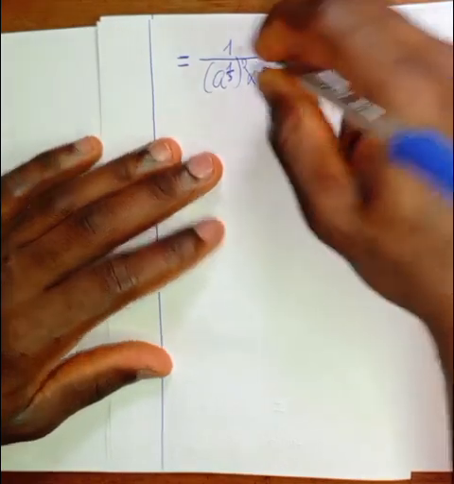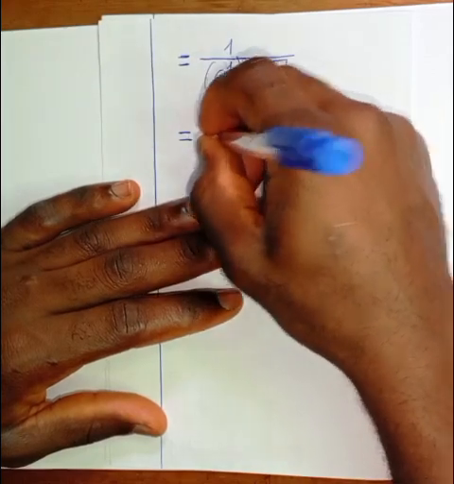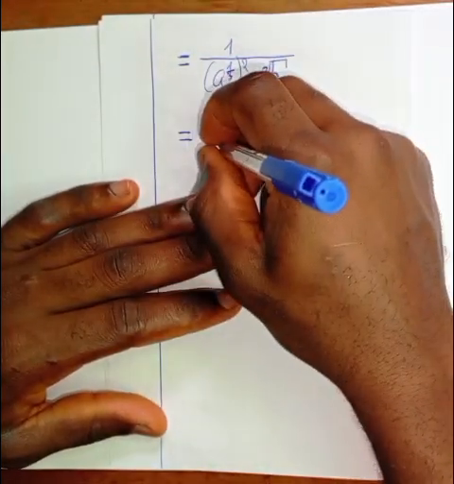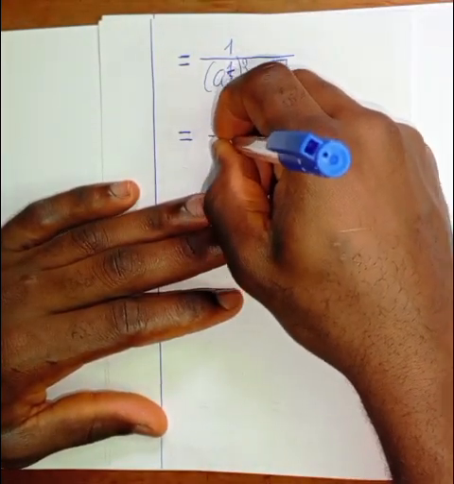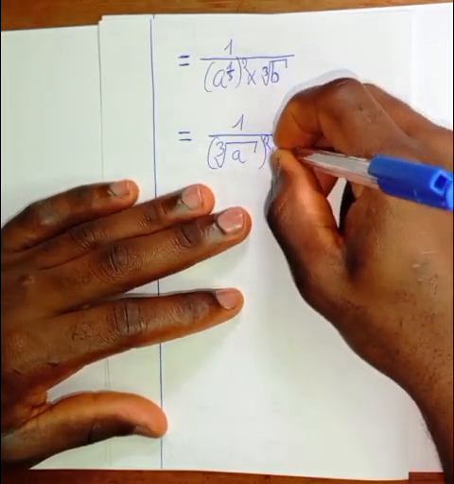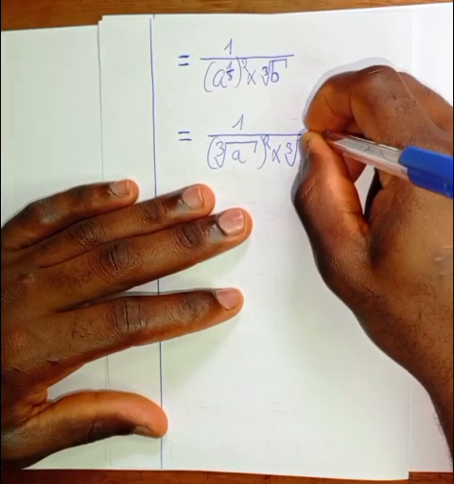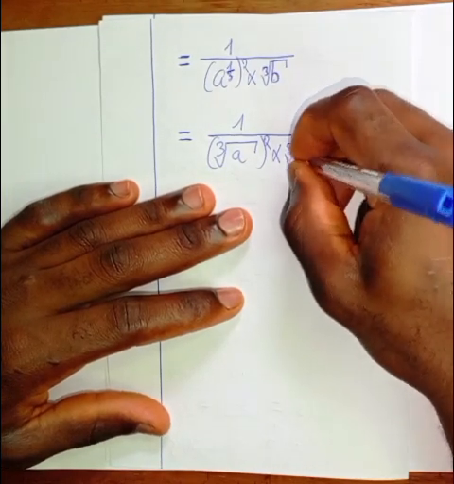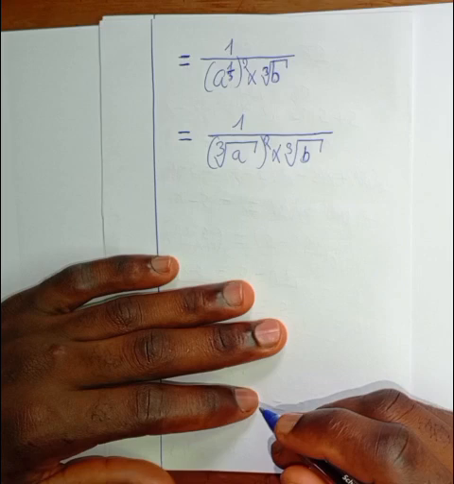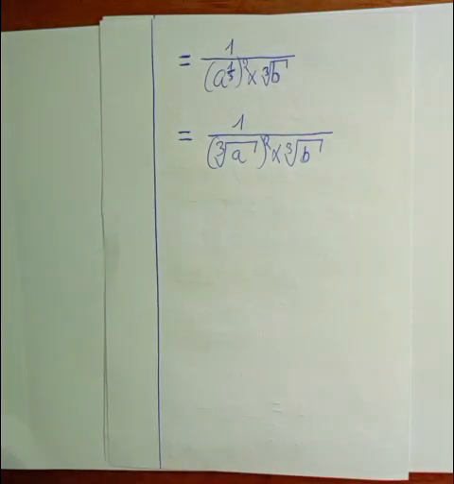Now, b raised to the power 1 third is simply the cube root of b. This will simply be equal to 1 all over the cube root of a, all this squared times the cube root of b. This will be the final answer for the given question.